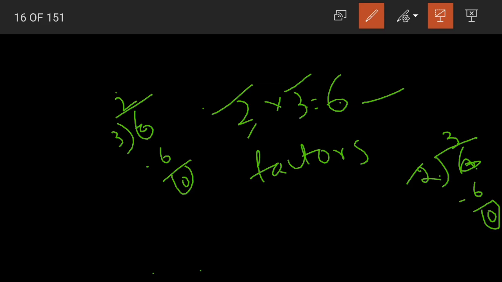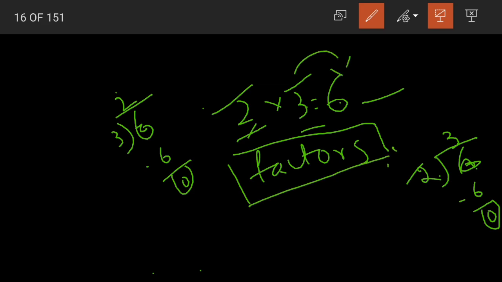So what do 2 and 3 become? 2 and 3 become our factors. Why? Because they divide 6 exactly. That is, when 6 is divided by these two numbers, the remainder is 0. Okay, so 2 and 3 are called as the factors of 6. Apart from 2 and 3, we have 1 6 are 6 also.